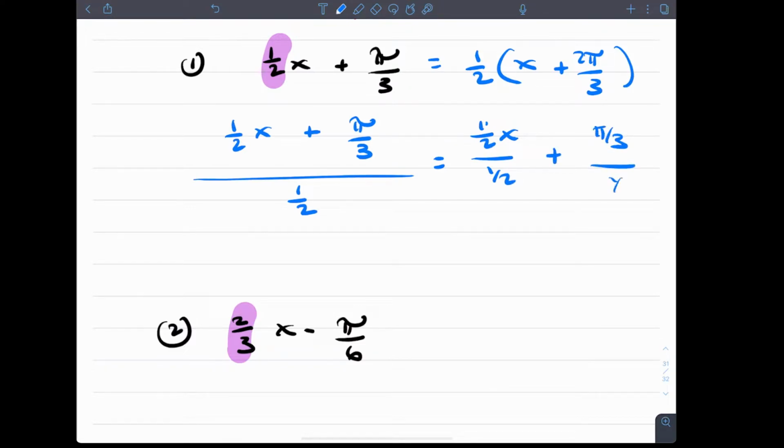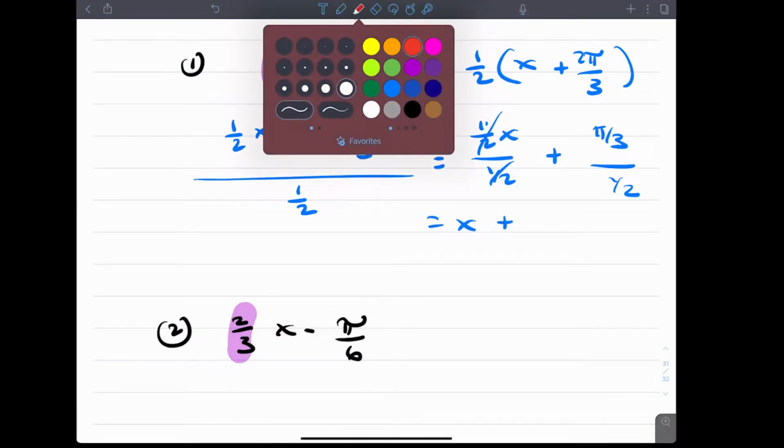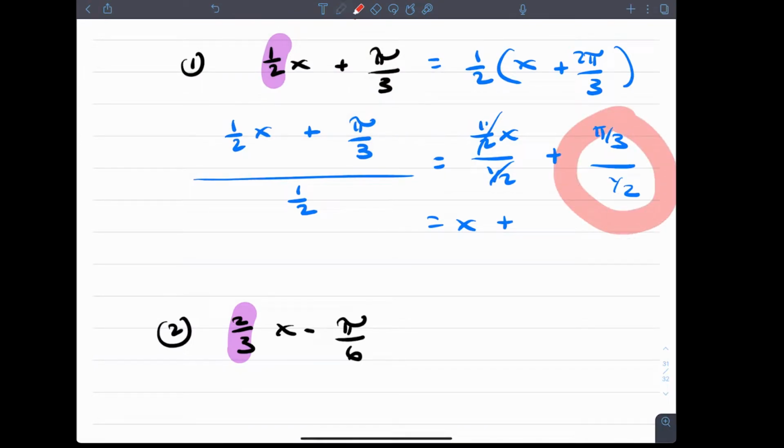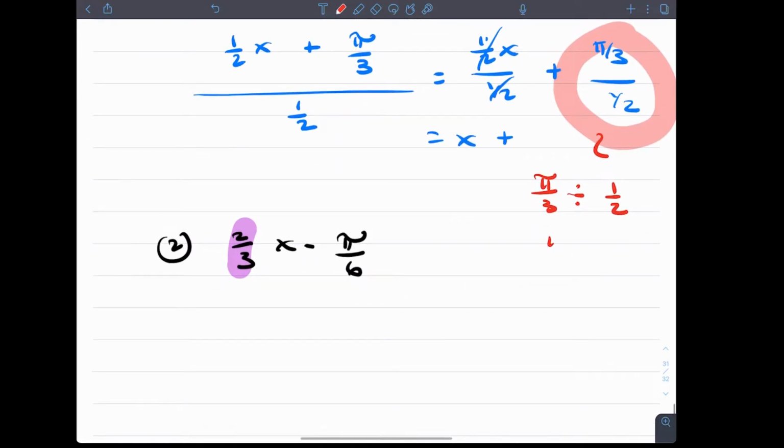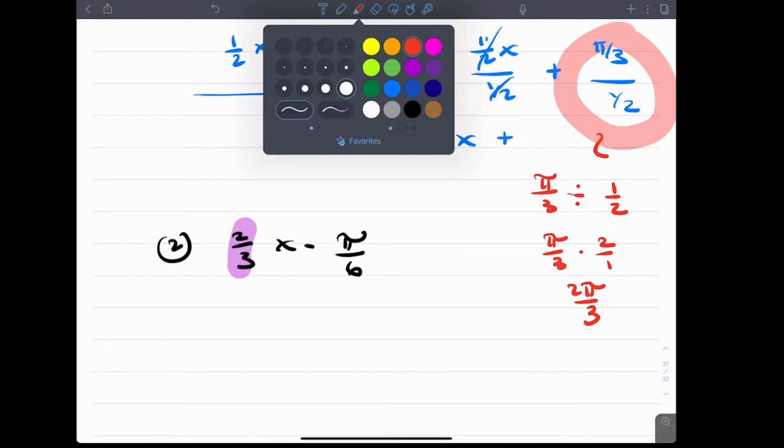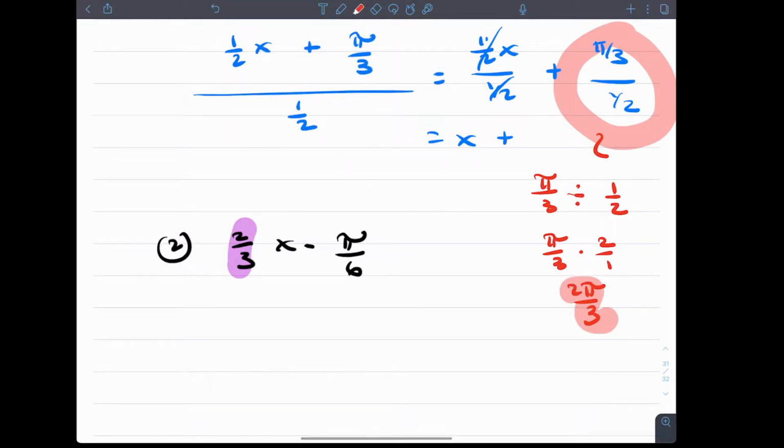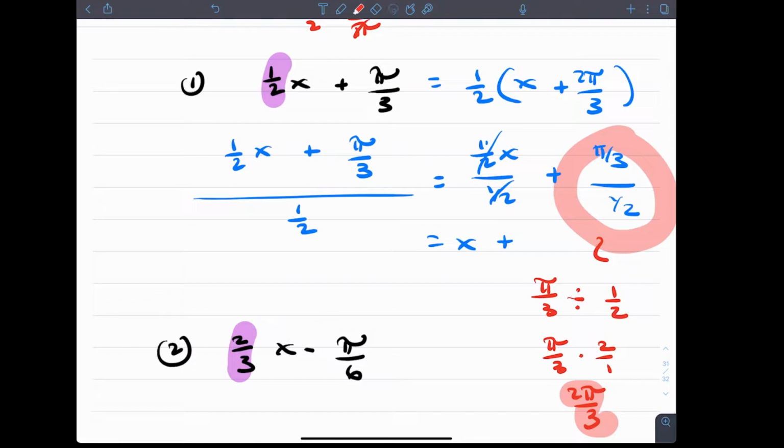Remember, this is how we do this arithmetic. Probably right in here, folks need to do some arithmetic. Right? You guys remember that? What's this going to be? Pi over 3 divided by 1/2, or pi over 3 times the reciprocal. And I guess that's 2 pi over 3. So you guys good with that? So there you go, 2 pi over 3.